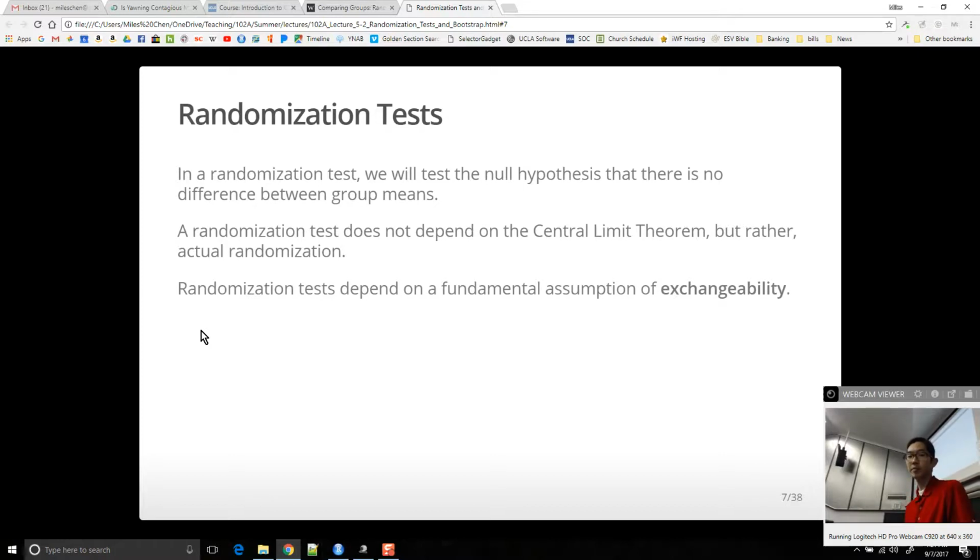The key here is that a randomization test does not depend on the central limit theorem, but on the idea of randomization. That's why we call it a randomization test. And the key piece here is the fundamental assumption of exchangeability.